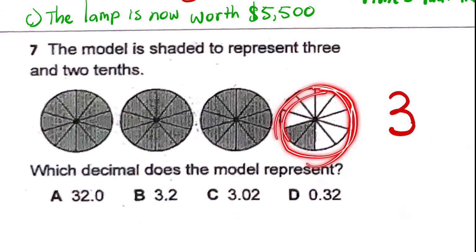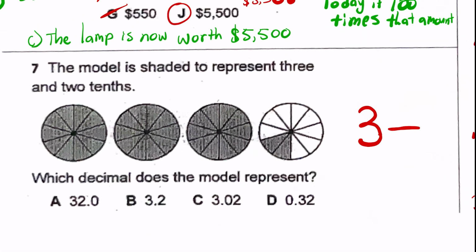Every time you want to write a fraction, you put your line, and then you say I have 2 shaded, which I have 2 shaded over here, out of 1, 2, 3, 4, 5, 6, 7, 8, 9, 10. I have 3 and 2/10. So that means that I have 1, 2, 3. That's where my whole number goes. And then here I have 2/10. 3 and 2/10.